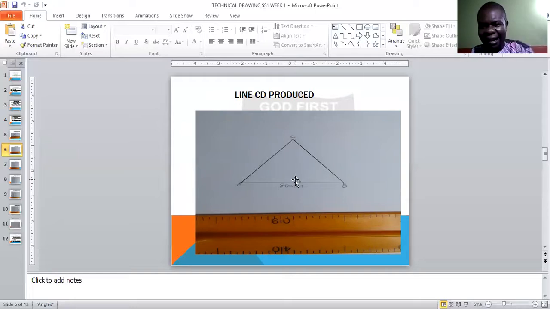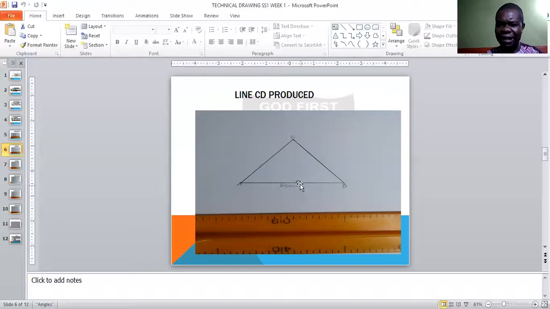It is that line that you will now bisect. You can use the radius CD to bisect at this side, and you also bisect at this side. You can extend D upward after C. Then you bisect at this side and also at this side. That is bisecting line CD. You place it at C, you cut.